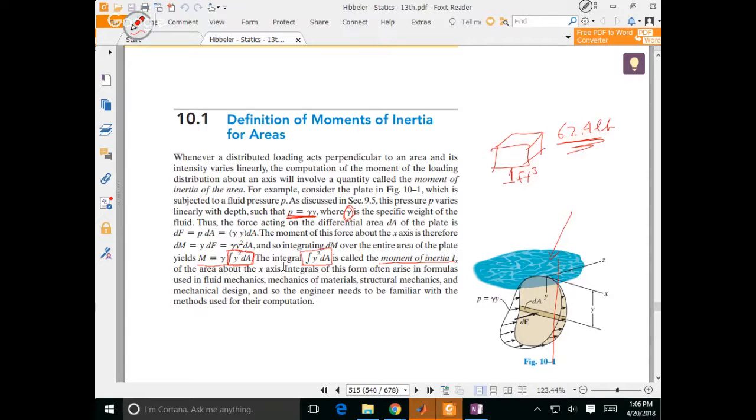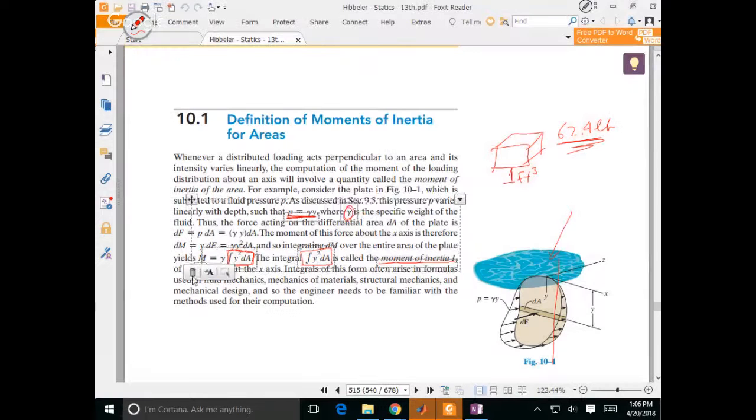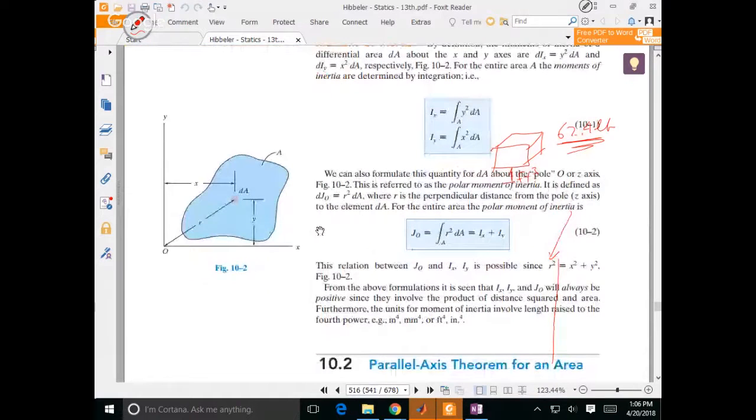But most places call it the area moment. When you get into mechanics of materials, they're going to call that area moment. They're not going to call it moment of inertia. That's actually technically a little bit different. That has to do with the density of the object as well.